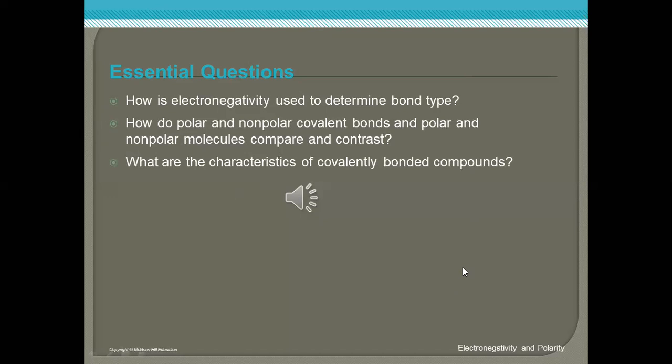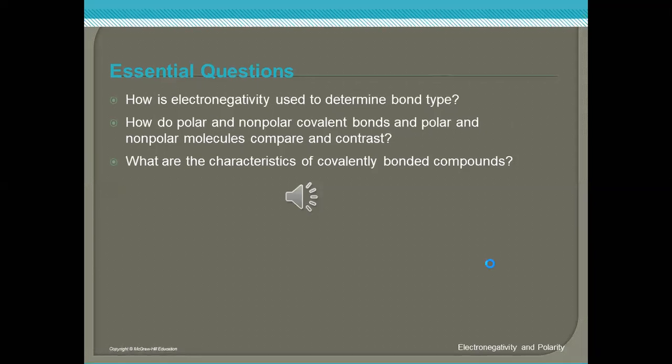Question number one: How is electronegativity used to determine bond type? Question number two: How do polar and nonpolar covalent bonds and polar and nonpolar molecules compare and contrast? Question number three: What are the characteristics of covalently bonded compounds?